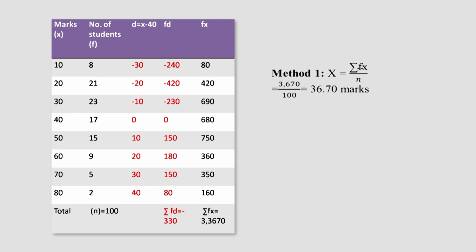In this case, summation fx we have calculated as 3670, whereas the number of observations n is 100. For 100 students, the total marks is 3670. So when you divide 3670 by 100, you get 36.70 marks. So this is the mean of the marks of the students of a particular subject.